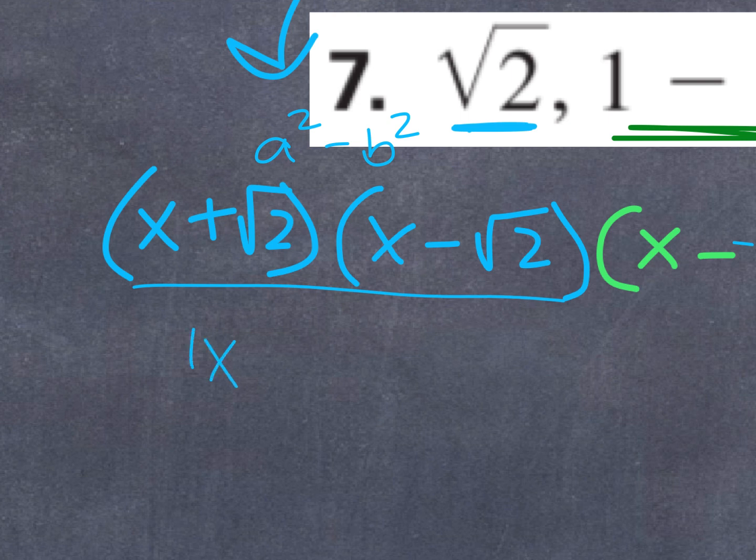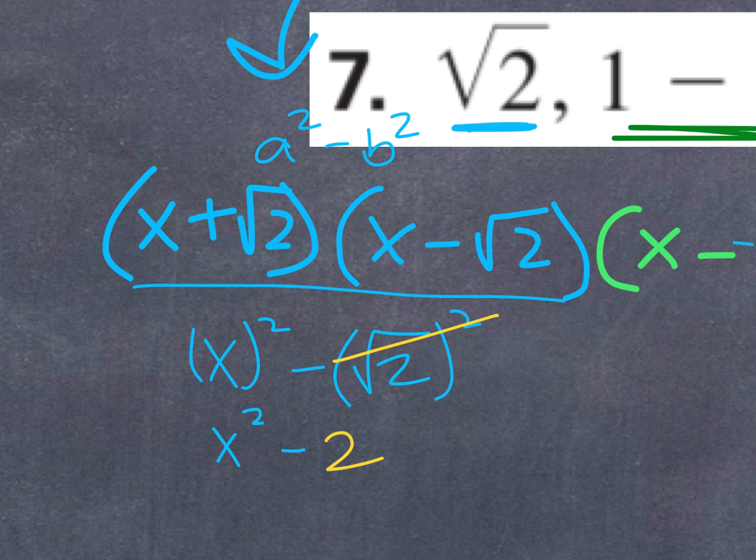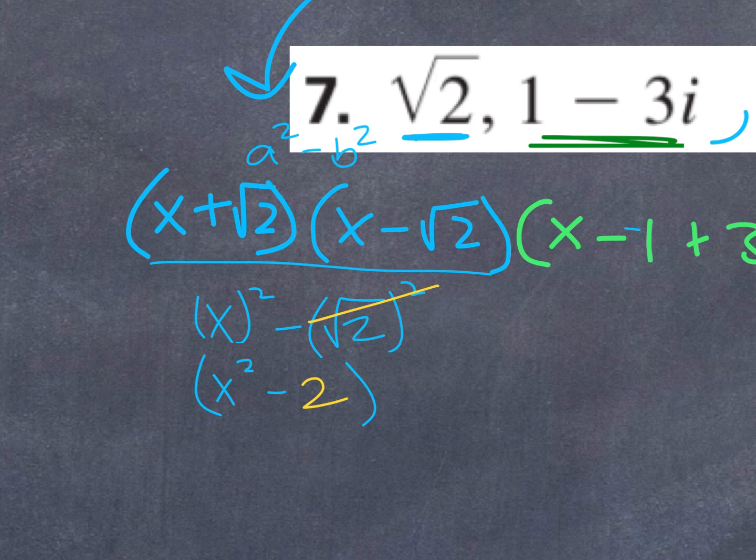X. So we have x squared minus, what's our b? Square root 2 squared. So x squared minus, what's square root 2 squared? 2. The square root and the squared cancel, so this would just be x squared minus 2. So we multiplied these two together. We did our shortcut. Let's do the other two.